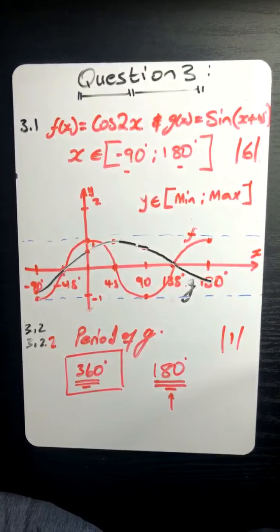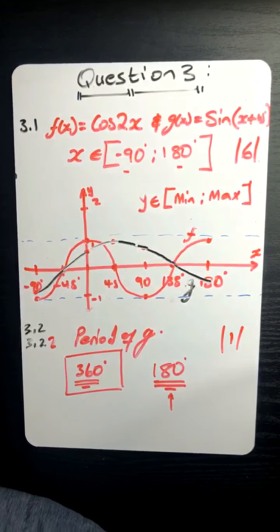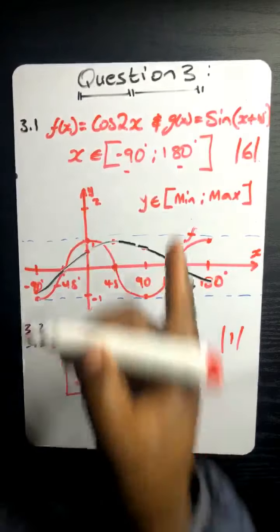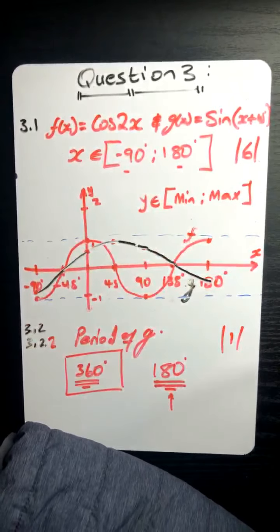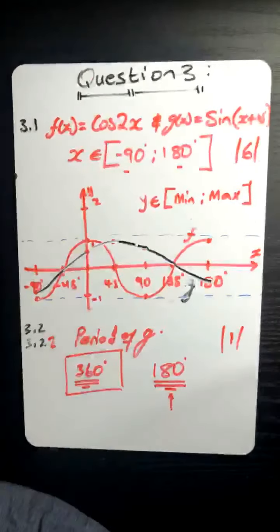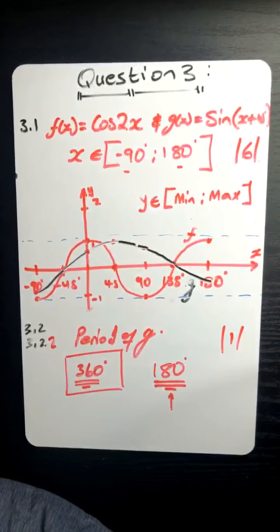Okay, Onkamogetse, maybe tell me, because you're not the first one to mention that. Maybe is it how they taught you at school to say that when you want to know the period, you look at the restriction? Is that how they taught you? No, sir. Okay, you're just giving it a try. Yes. Okay, then it's fine.